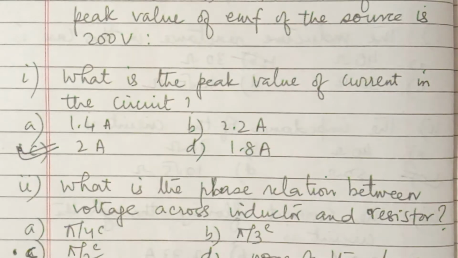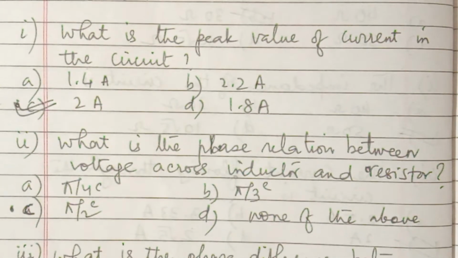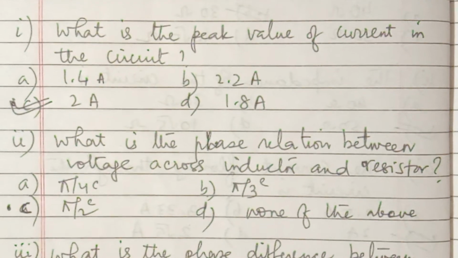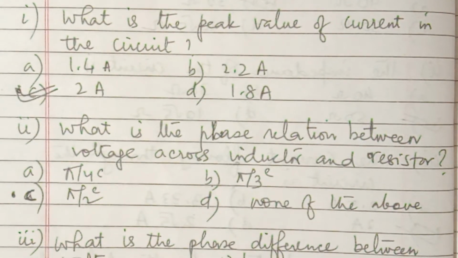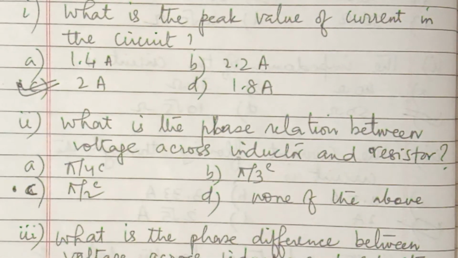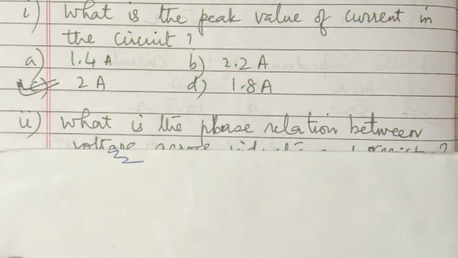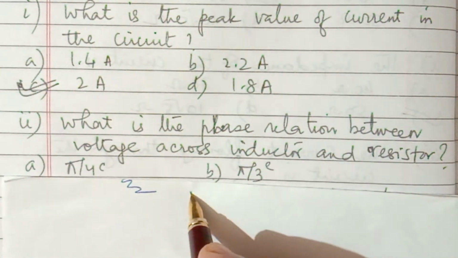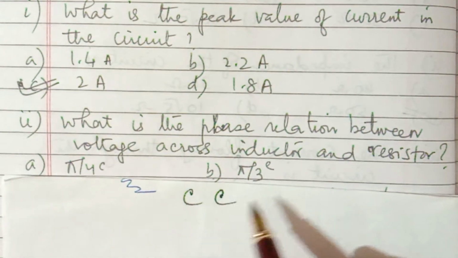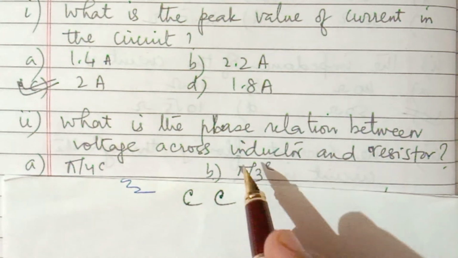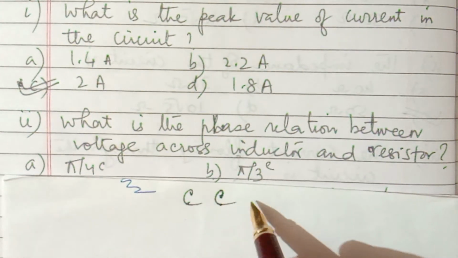Okay, so next question: what is the phase relation between voltage across inductor and resistor? Pi by 4, pi by 3, pi by 2, none of these. So in an LCR circuit, you remember one thing: in capacitor C, current leads.